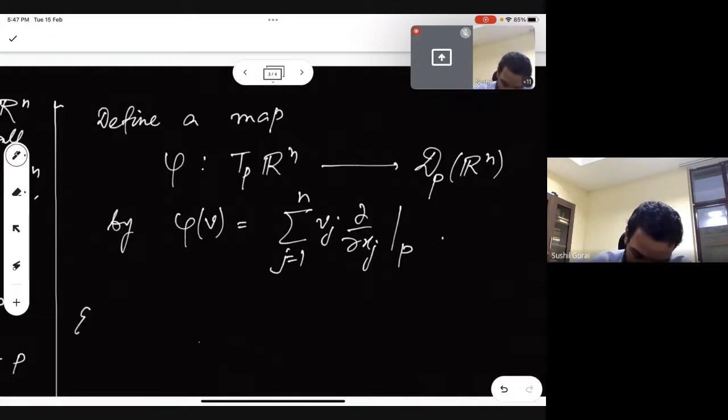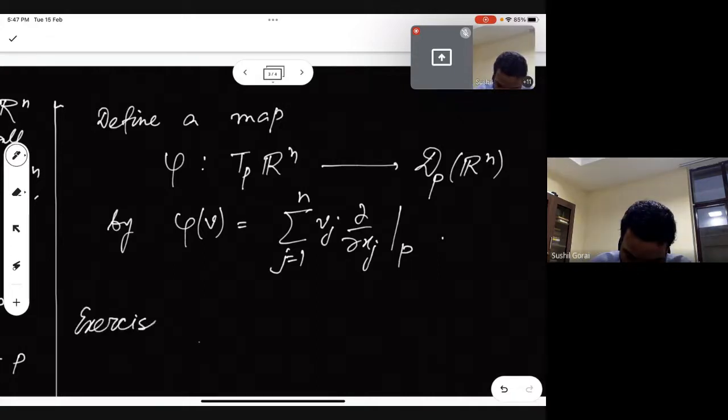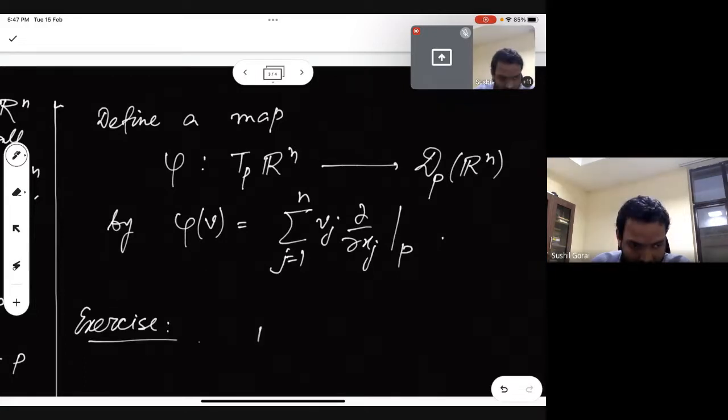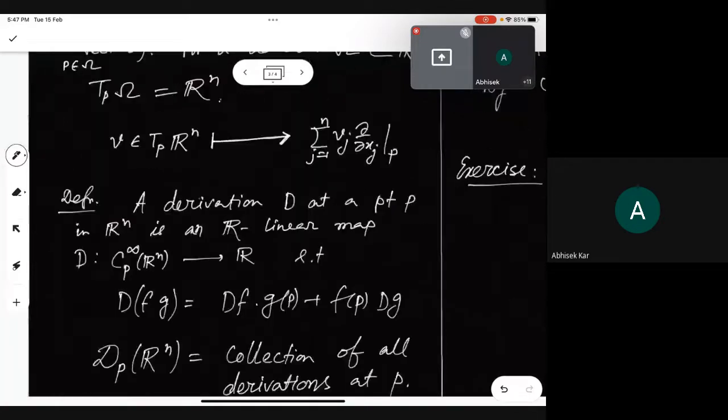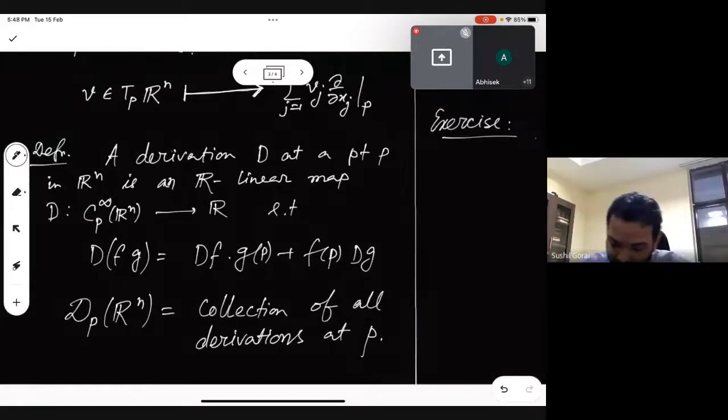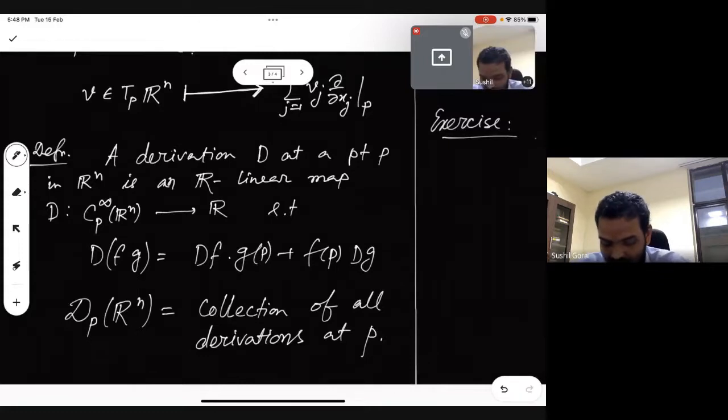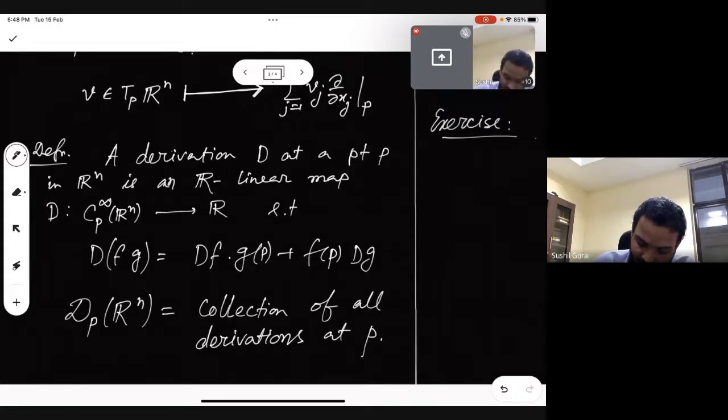So exercise. Could you show the left side? Yeah, is this fine? So this is the Leibniz rule. So the first properties are as follows.